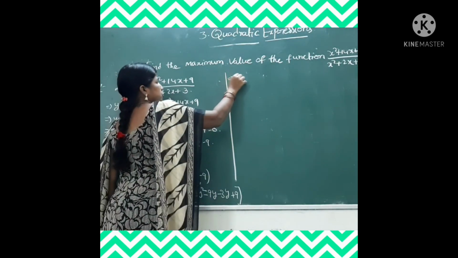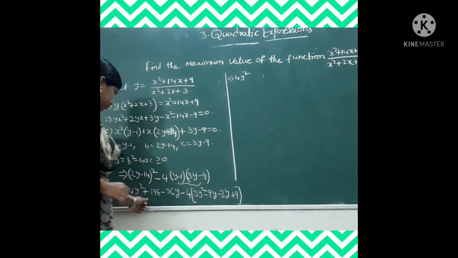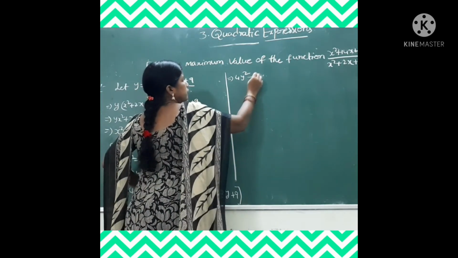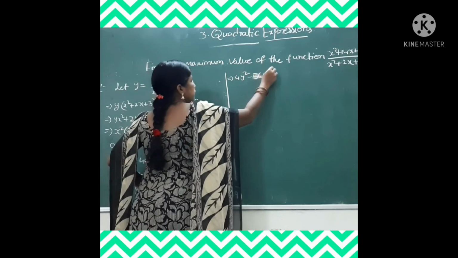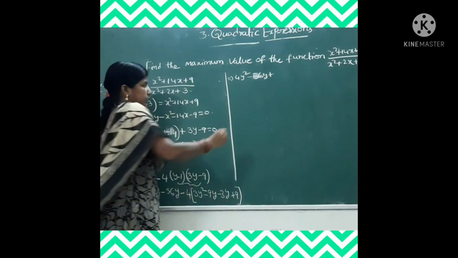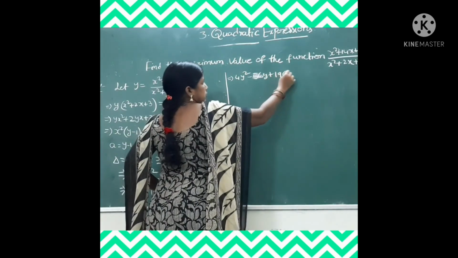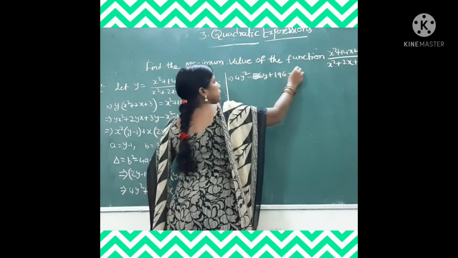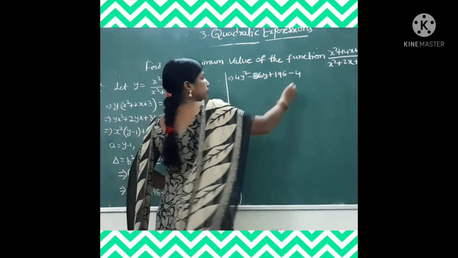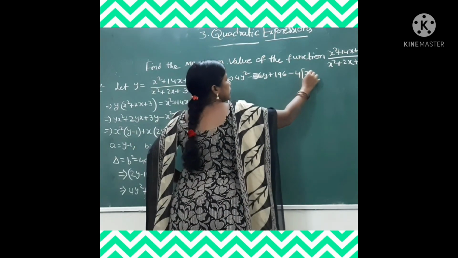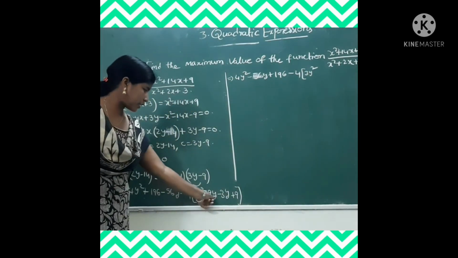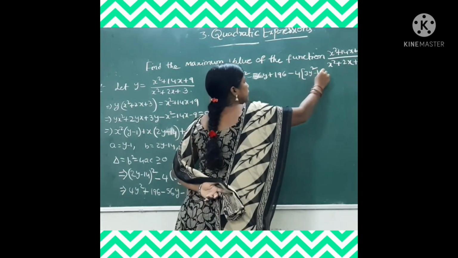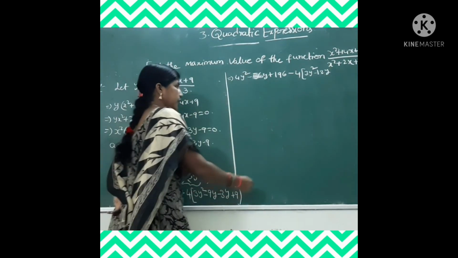Next one is, that implies 4y square minus 56y plus 196, and here minus 4 into 3y square and minus 9y and minus 3y. That's why I can write minus 12y plus 9.